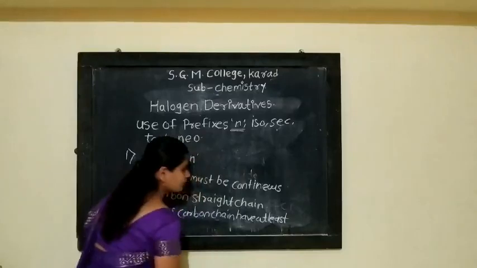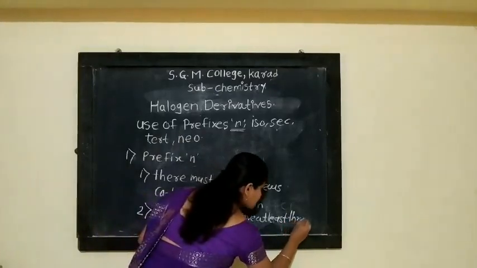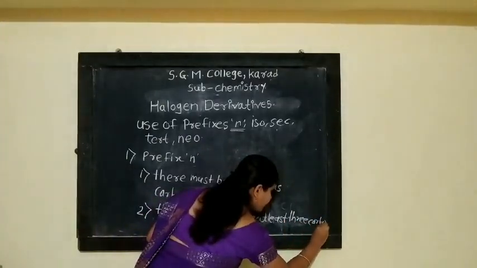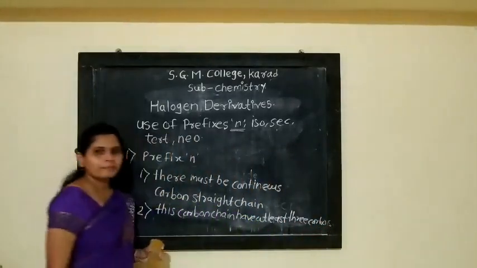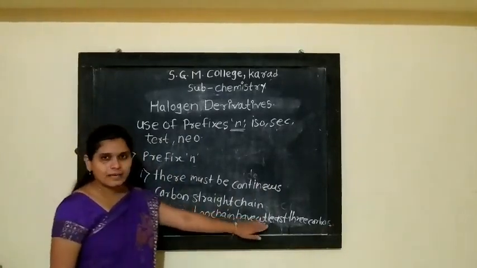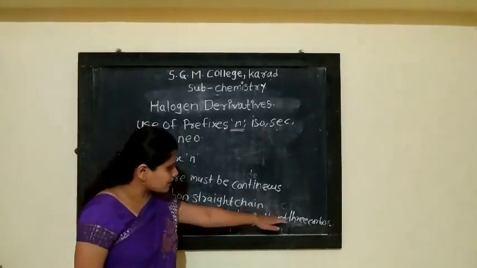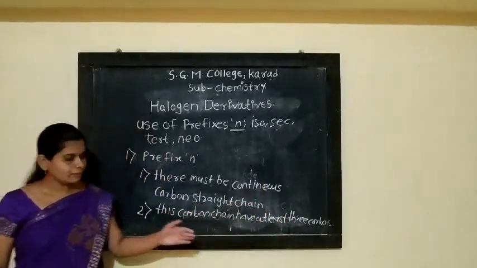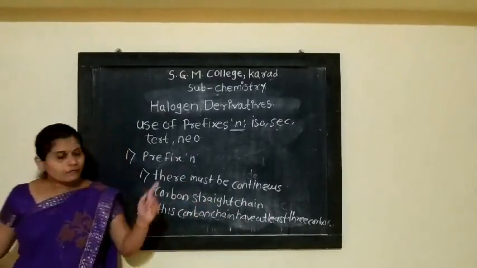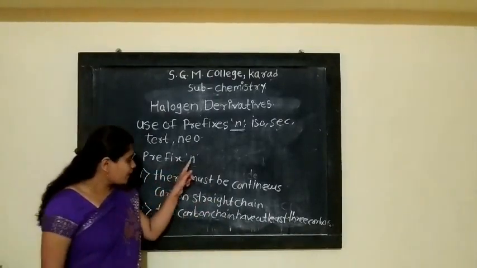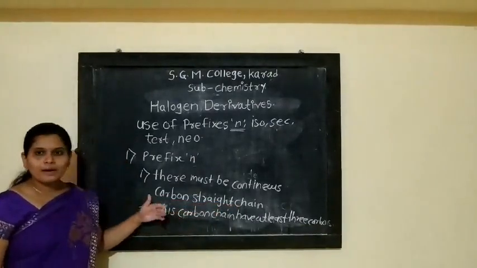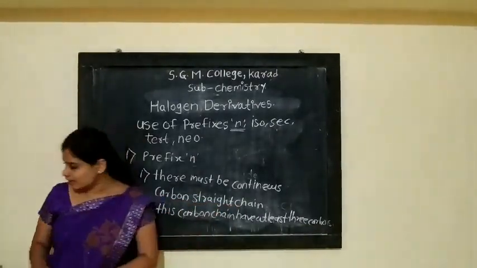Means this chain contains 3 carbons or more than 3 carbons. So when you have to use prefix n, you have a straight chain compound and the number of carbon atoms is 3 or more than 3.